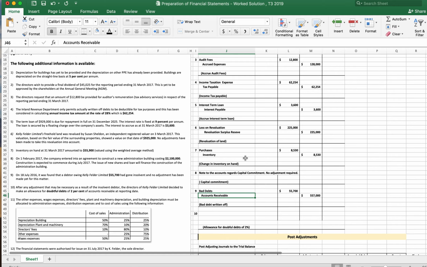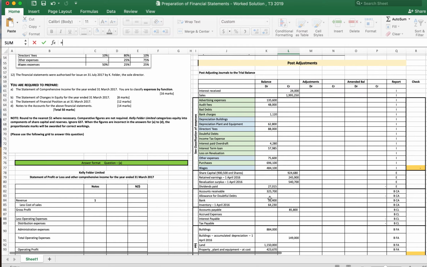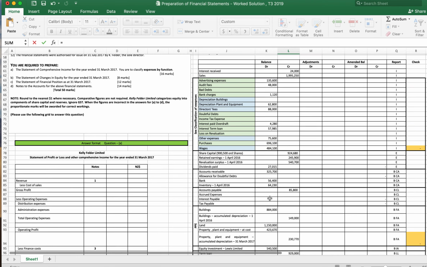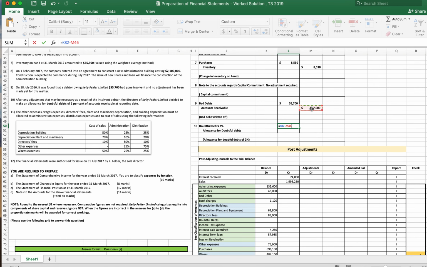Doubtful debts expense, which is going to be 2% to allowance for doubtful debts, okay, so it's going to be whatever our accounts receivable is, less what we've written off, which is that figure there, but only 2%, right, 0.02, okay, so that's our provision for doubtful debts, 5,400, okay.